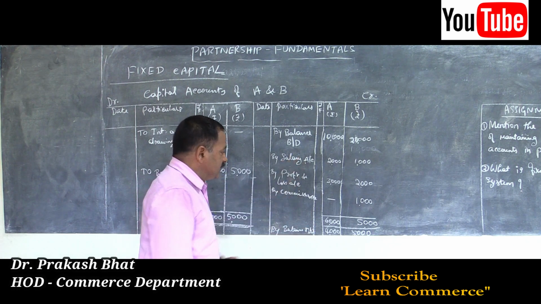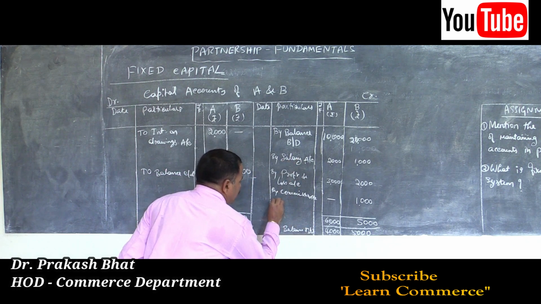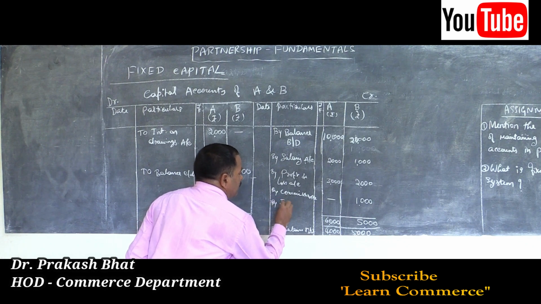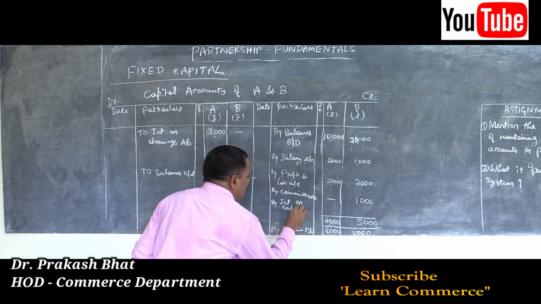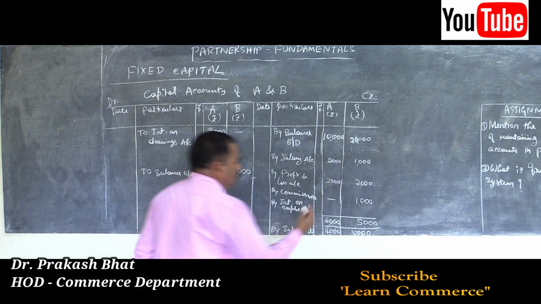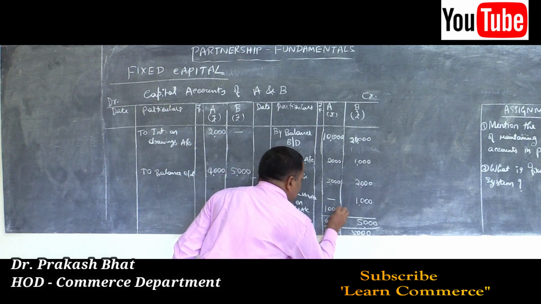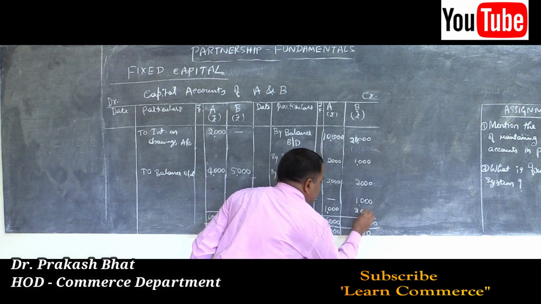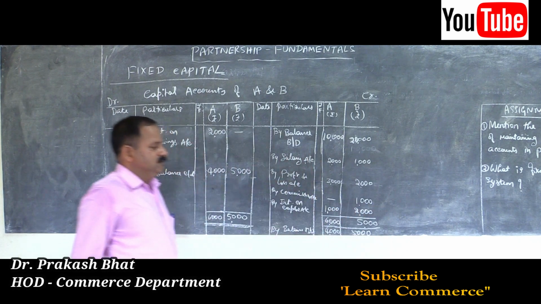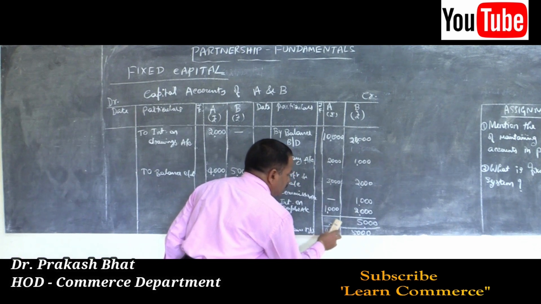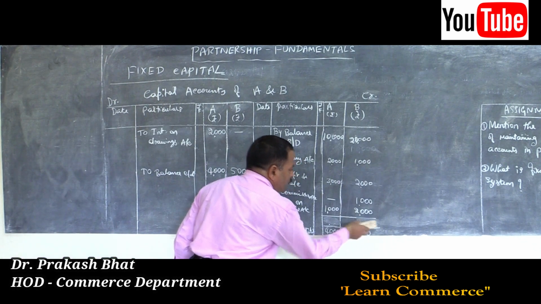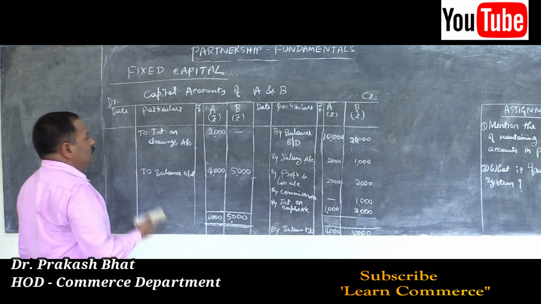In addition to all these entries, we can add here interest on capital, which I had deleted. Interest on capital account. So write here 1,000 and 2,000. Now write the total. Before that, make entries on the debit side.